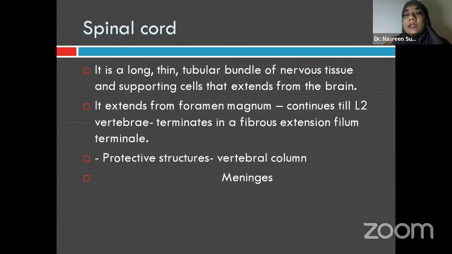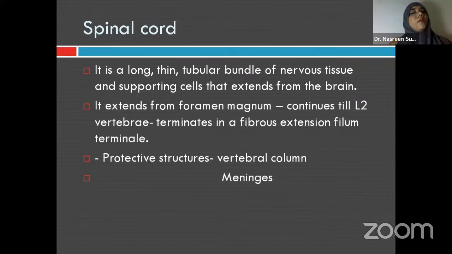And so the spinal cord will start from foramen magnum and it will continue till L2 vertebrae, lumbar vertebrae 2. Then it terminates in filum terminale, which is a non-functional fibrous extension of the spinal cord.